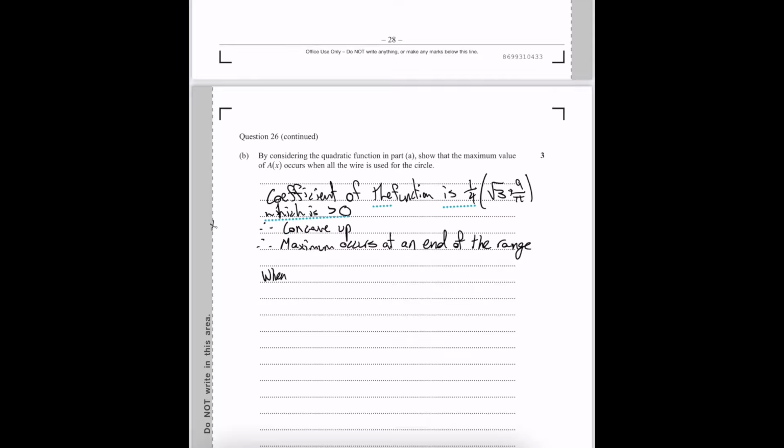that could be when x equals 0, or it could be when x is equal to 100 over 3.